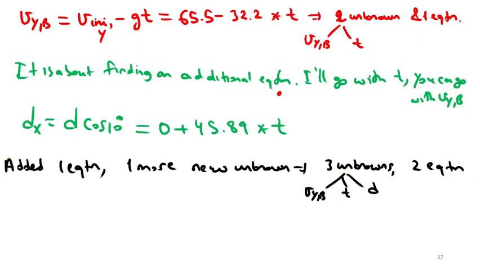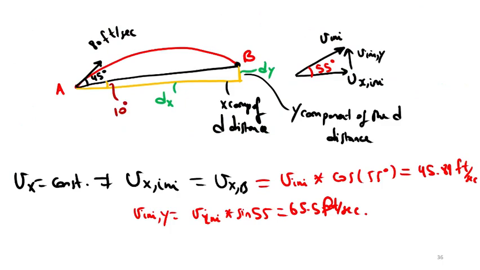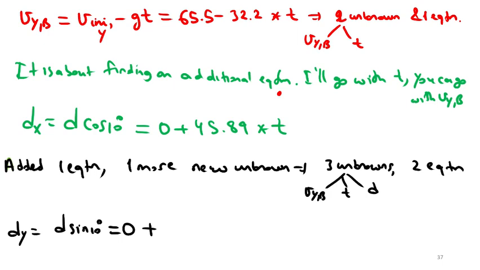Okay, so dy, which is equal to d sine 10, is equal to initial y, which is 0, plus the initial y velocity, which is 65.5, times the time t, minus half of 32.2, this is g, times t squared.